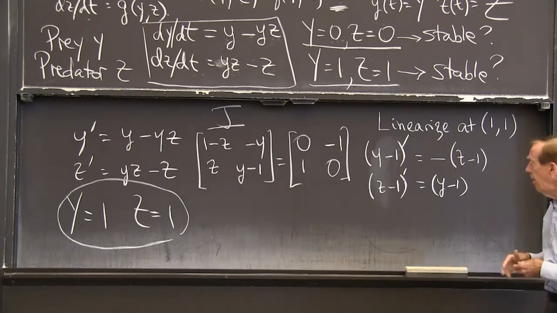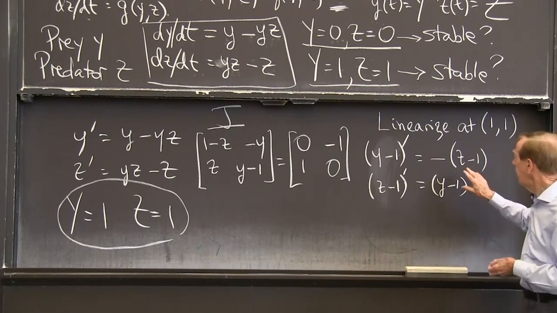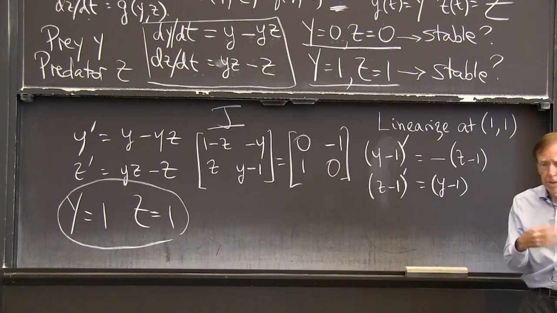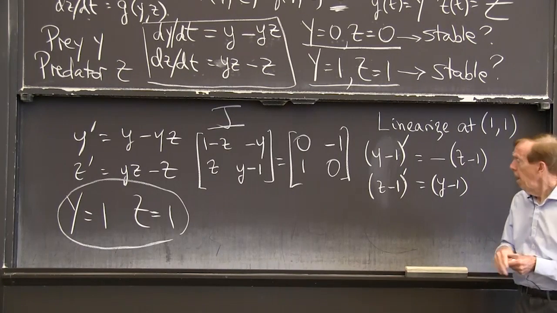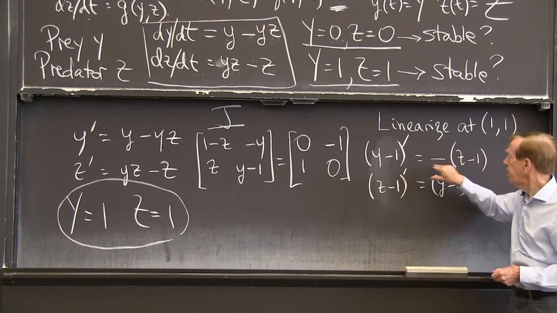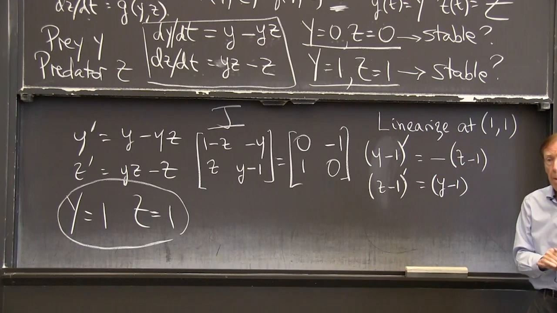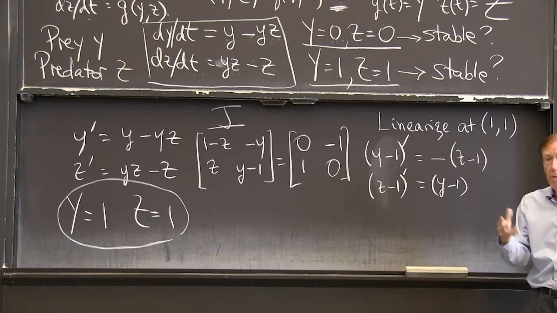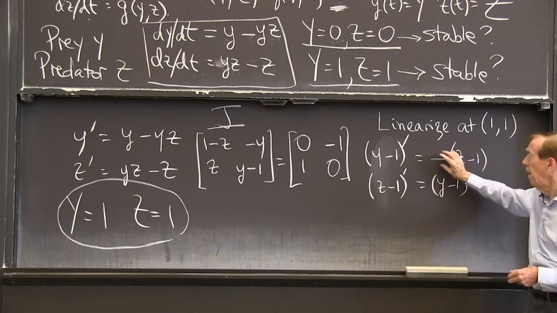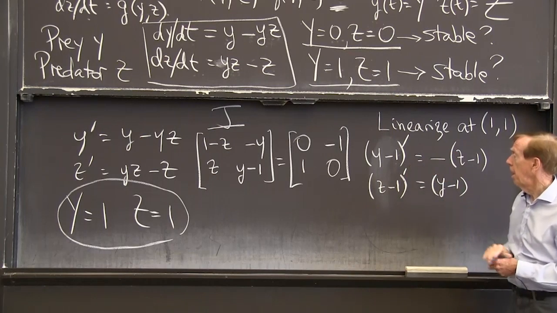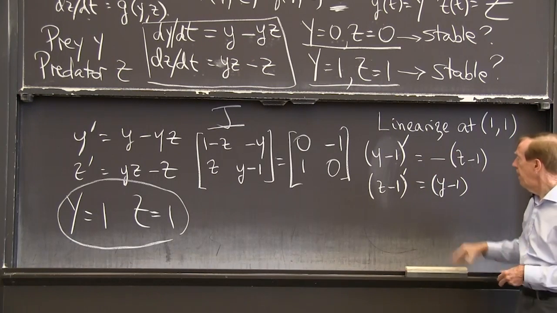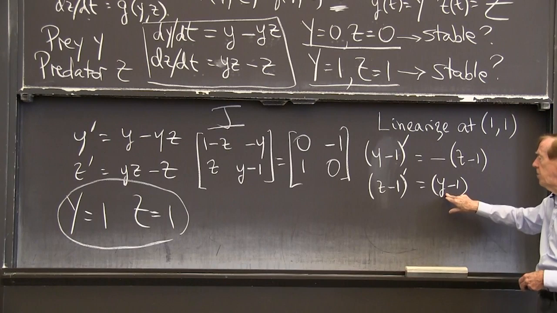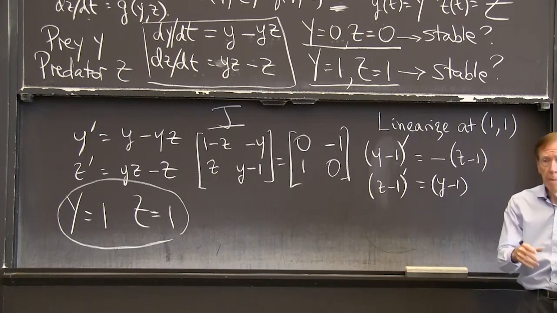Initially, if I have extra foxes, the rabbit population will drop. The rabbit derivative will be negative. If z, the number of foxes, is a little higher than 1, then the rabbit population drops. And when the rabbit population drops, z starts dropping.